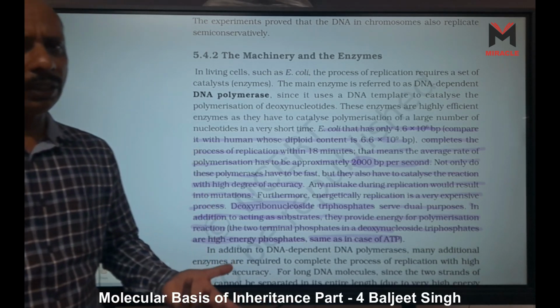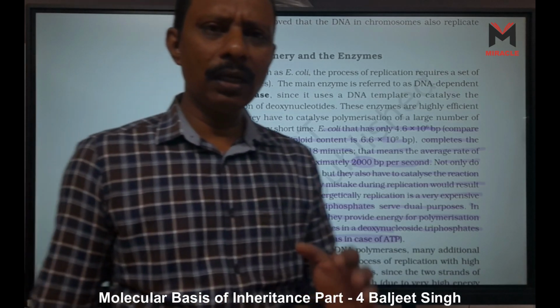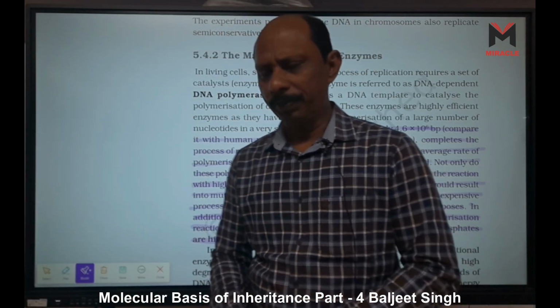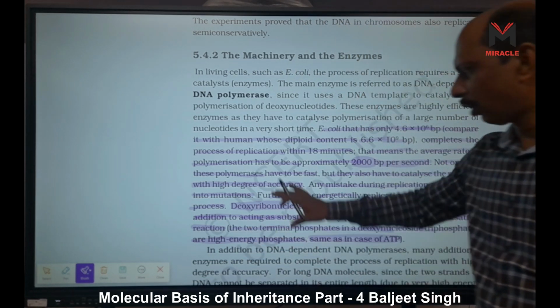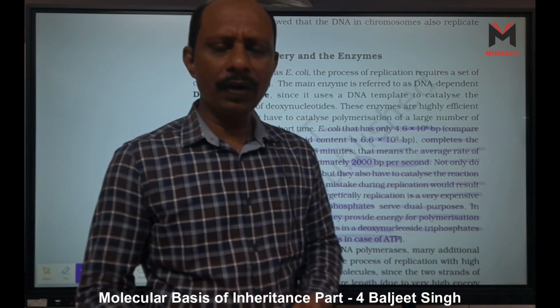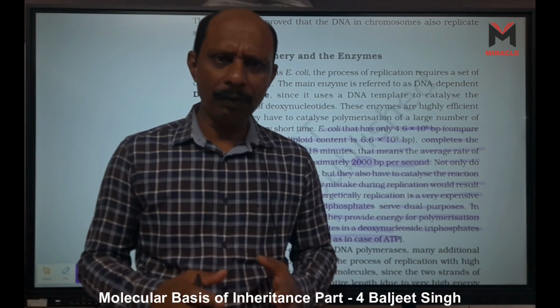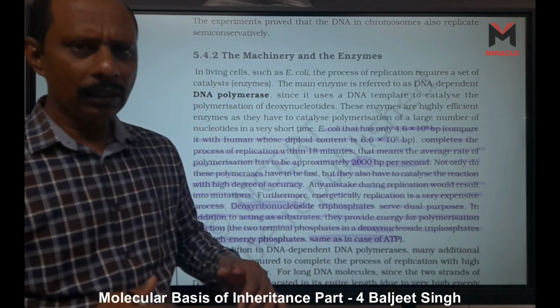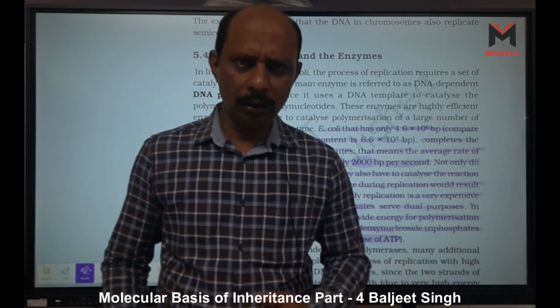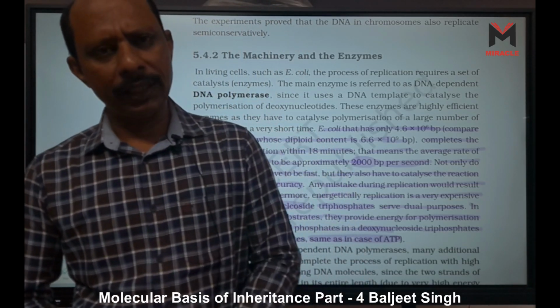Adenosine monophosphate, adenosine diphosphate, adenosine triphosphate. Mono means a single phosphate group, di means two phosphate groups, tri means three phosphate groups are there. Do you understand here? What is the function of these nucleoside triphosphates? They provide energy, they act as substrate. The primary function is that they are substrate. Secondly, by breaking these two terminal phosphate groups, they provide energy for the formation of the new DNA strand. Okay.